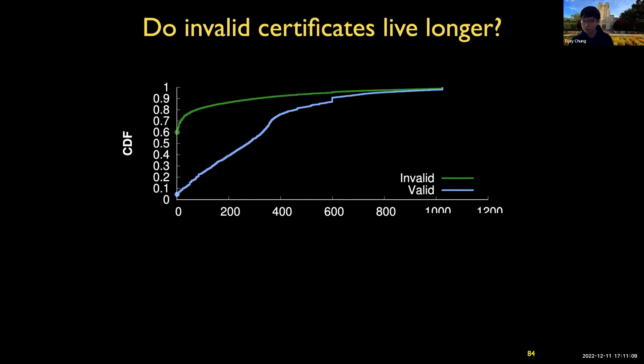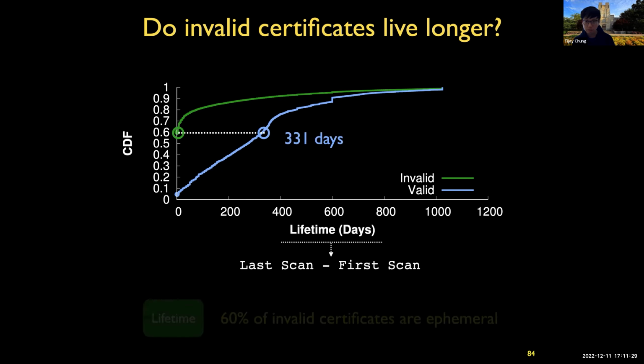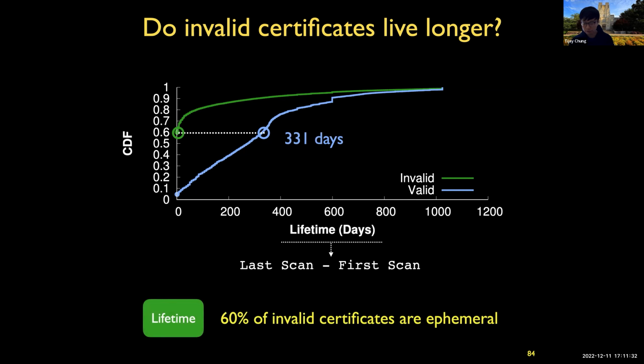And interestingly, one may expect that the reason they specify such a long validity period is that they may want to use this certificate for a much longer time. But in reality, when you look at the certificate advertisement period, what you will see is that 60% of the certificates appear on just one single day, and you will not be able to see the same certificate ever again, right?